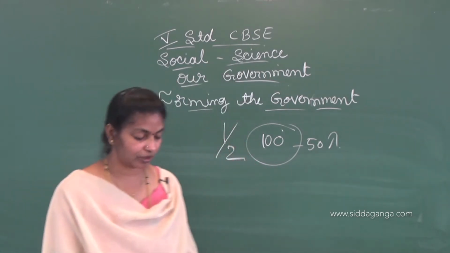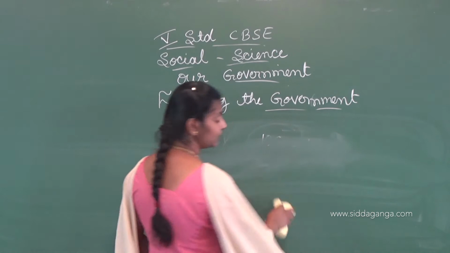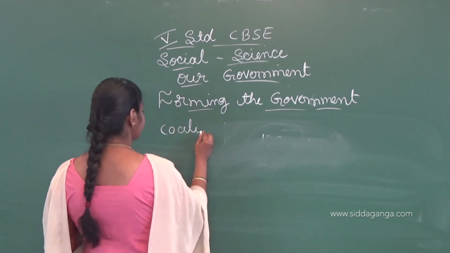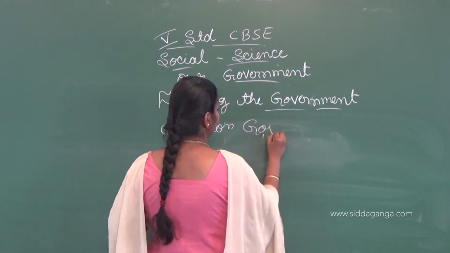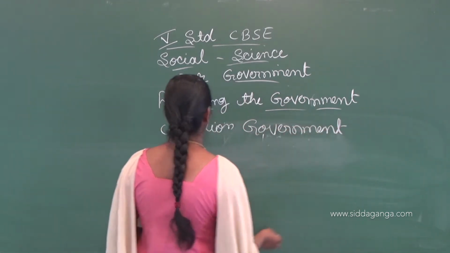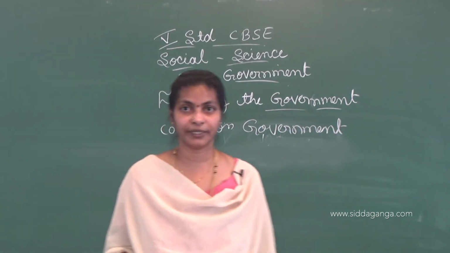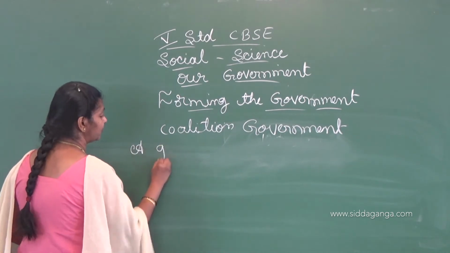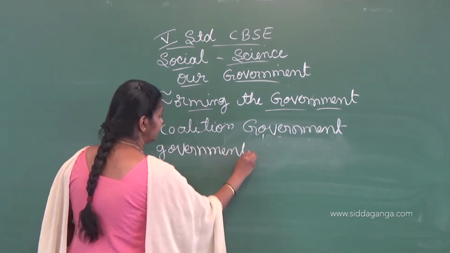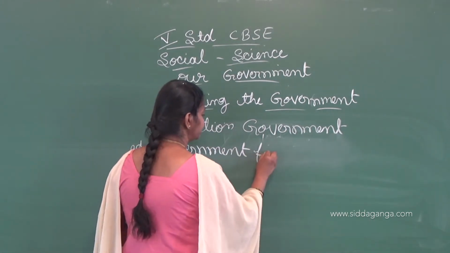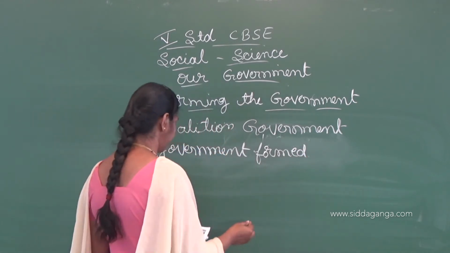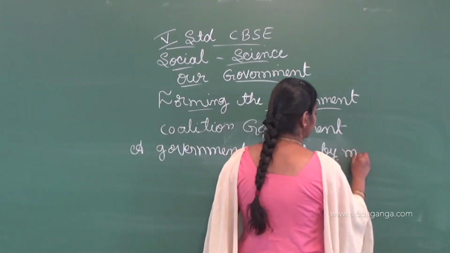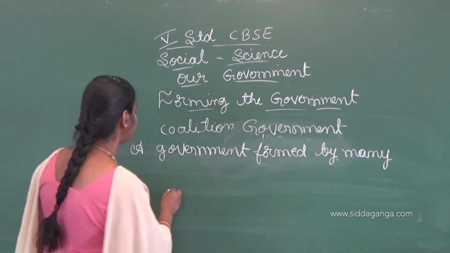What do you mean by a Coalition Government? A Coalition Government means a government formed by many political parties.